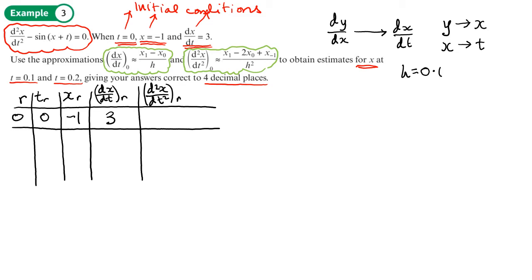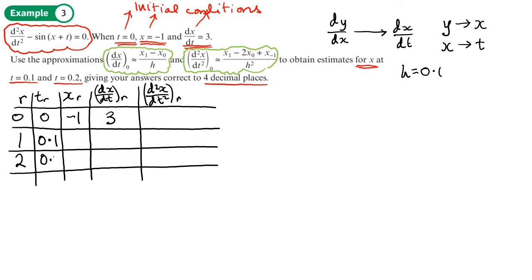Now our step size is 0.1, so we're going to need a second row where we do 0.1. We'll put that in, and then our last row is going to be when r is 2, so 0.2.